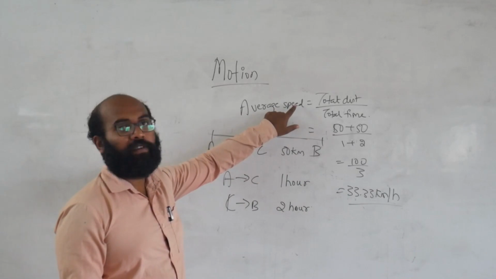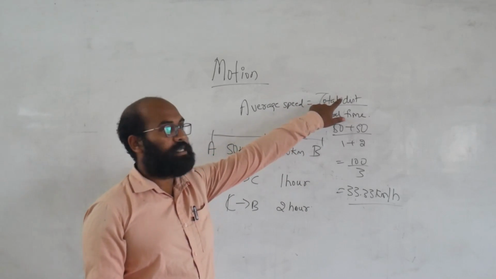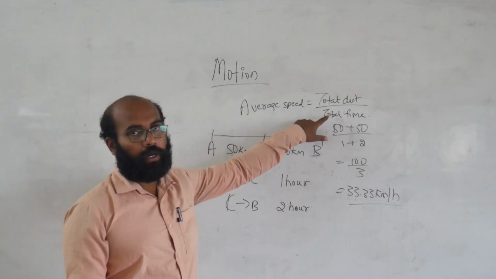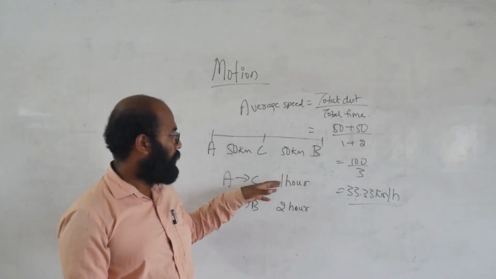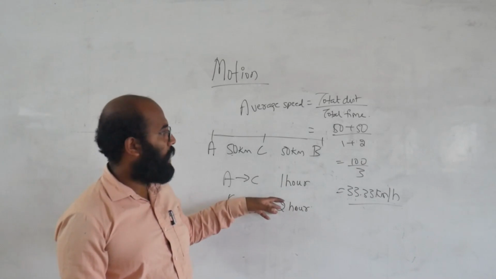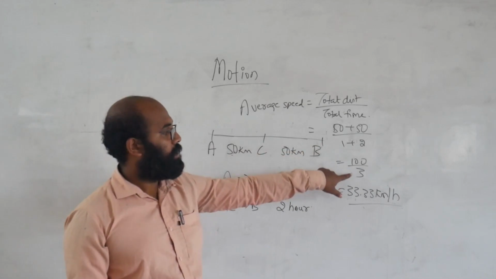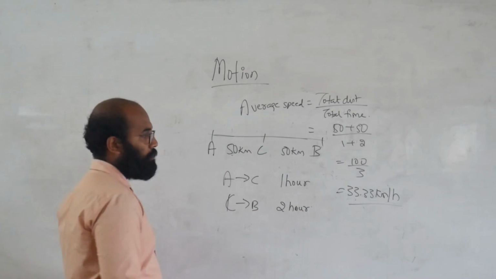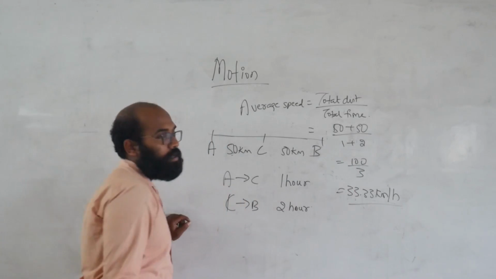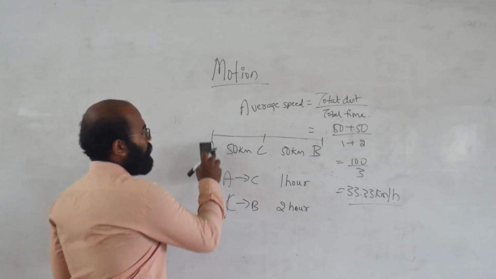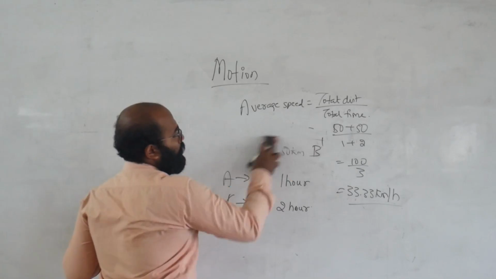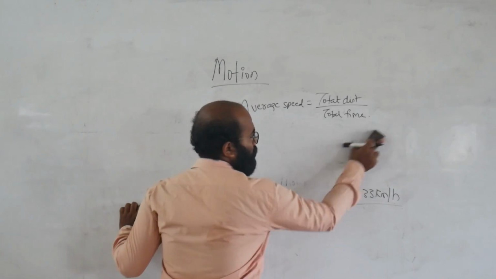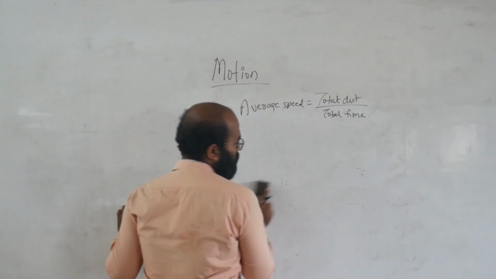If you want to calculate average speed, you need to take the total distance that you have covered divided by the total time. Here the total time is 1 hour and 2 hours, so you need to add both of these and you will get 3. That is 100 by 3, 33.33 kilometers per hour. So this is the average speed.